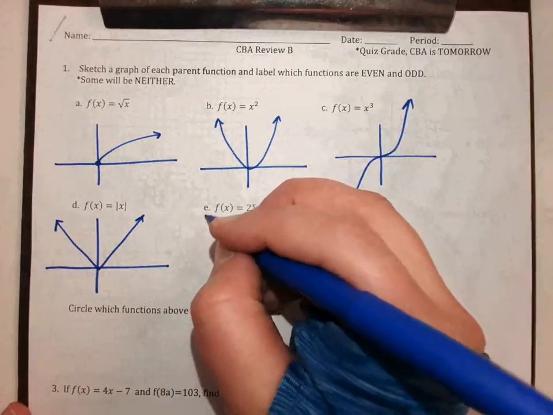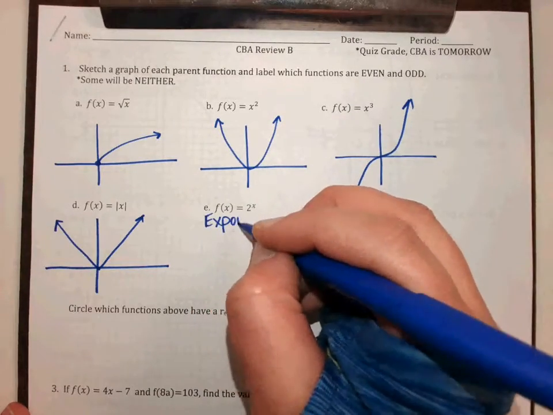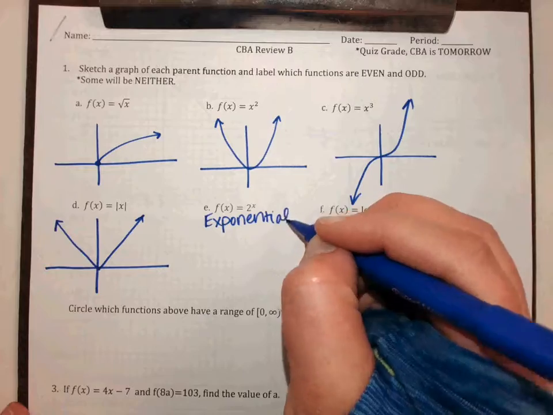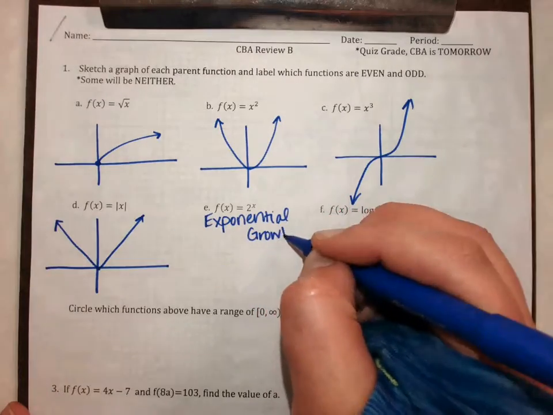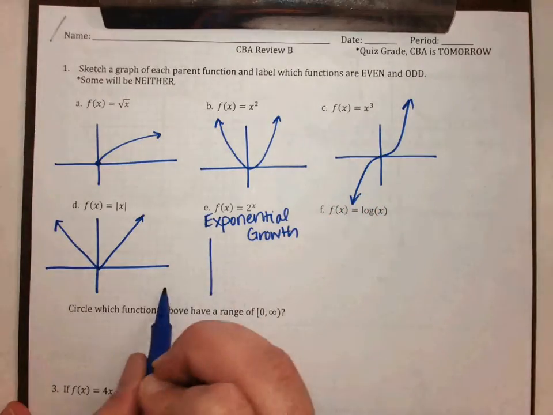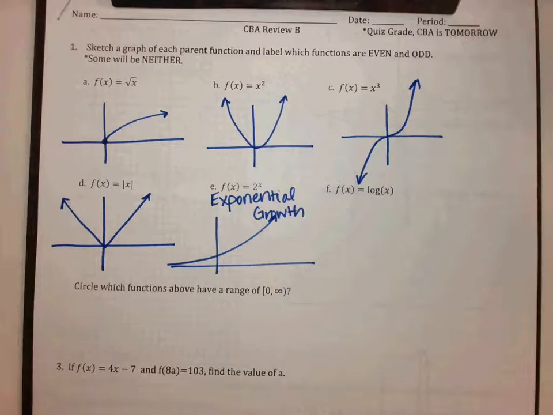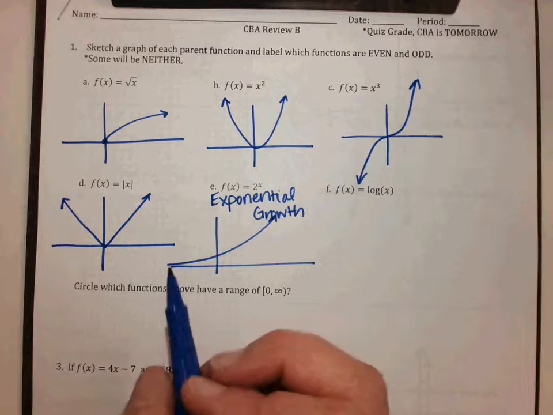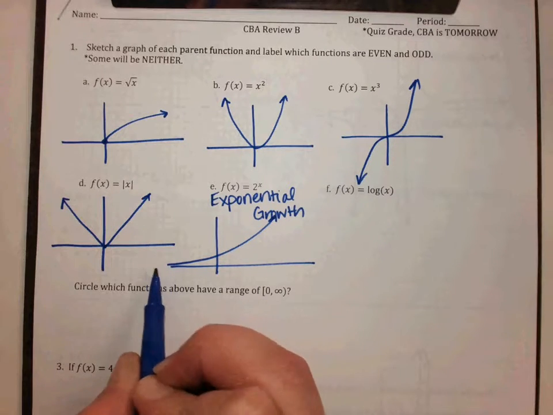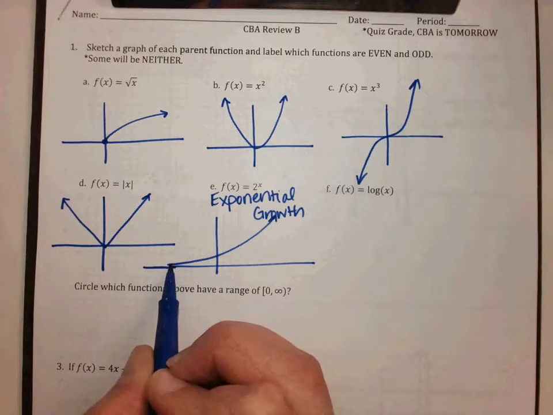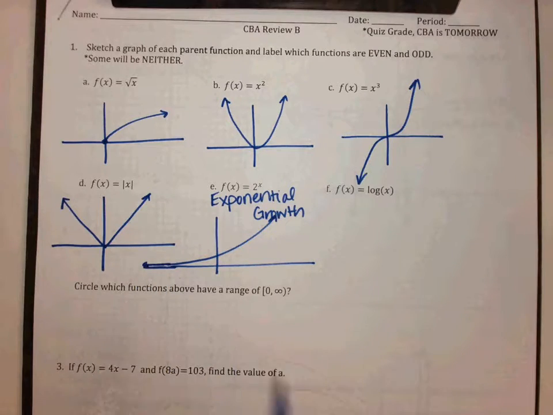2 to the x is exponential growth. Okay, again, not important that you memorize that, but the graph looks like this. It goes up. Now, on the left side, what happens as my graph goes backwards? Do you remember what it keeps doing? It gets closer and closer to 0.